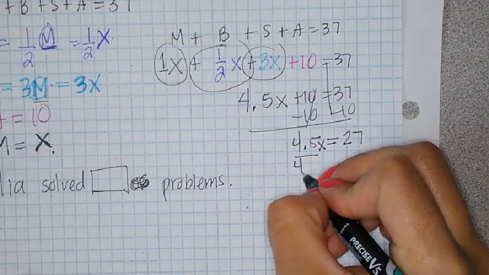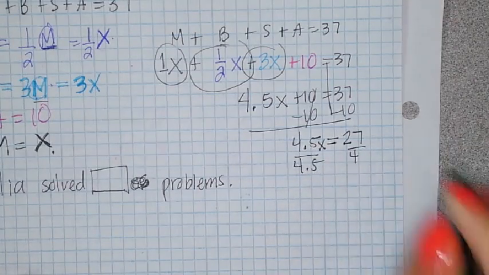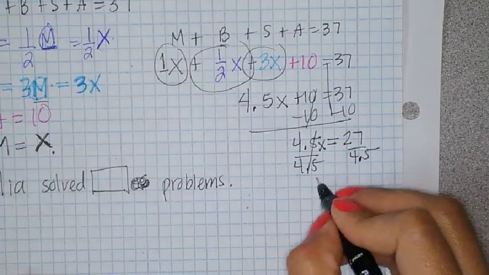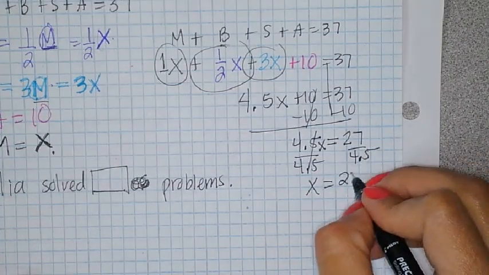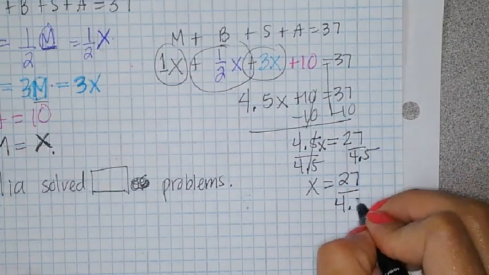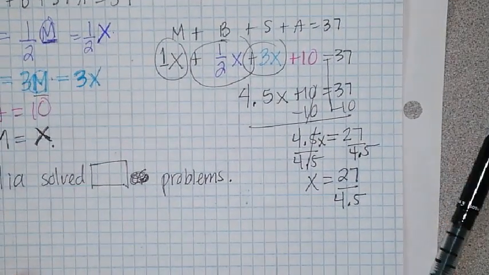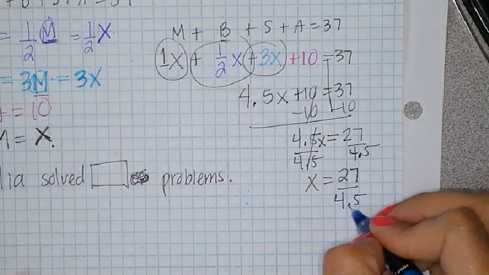And from here we will divide by 4.5. And then I'll have x equals 27 over 4.5. This is a decimal, so I don't want to deal with it.